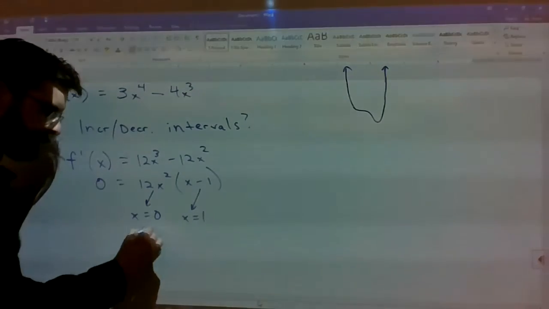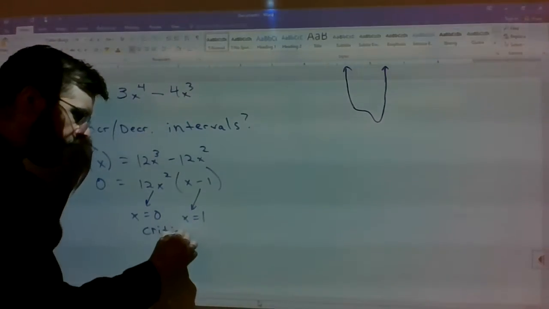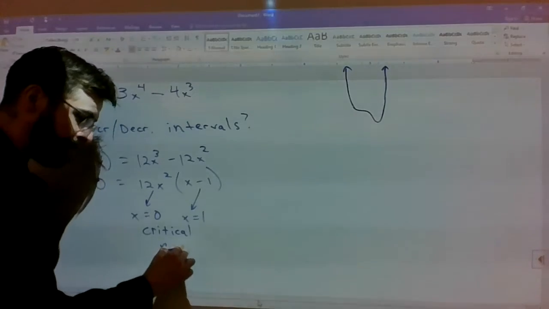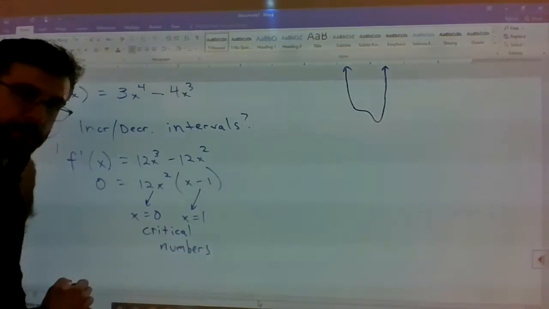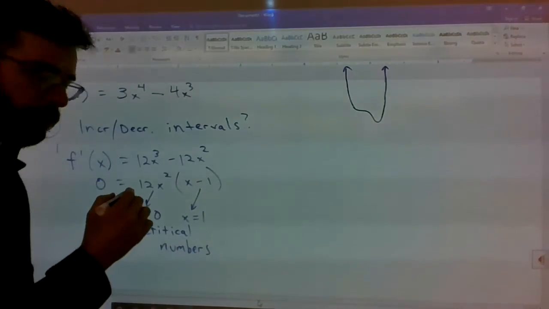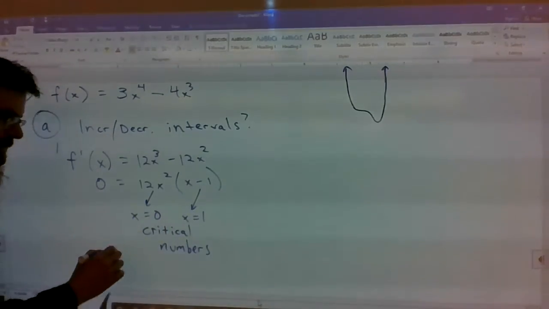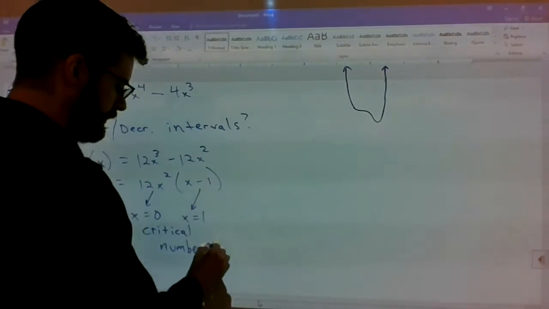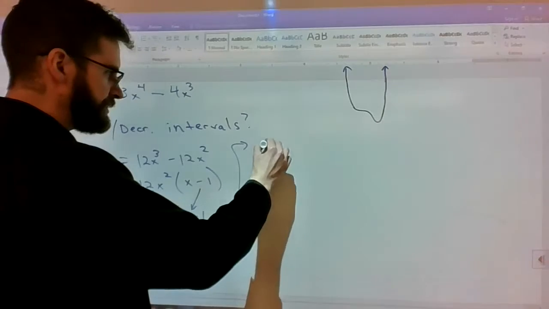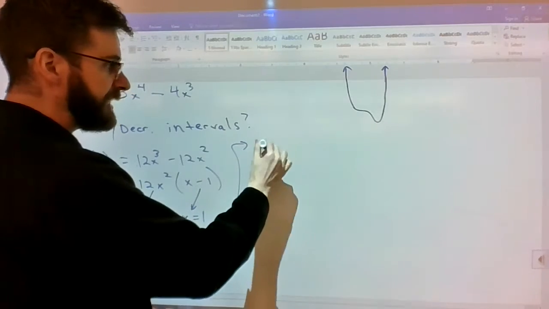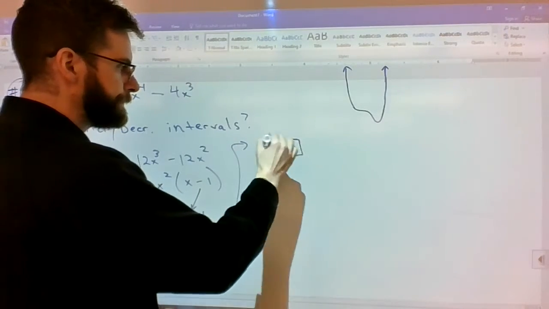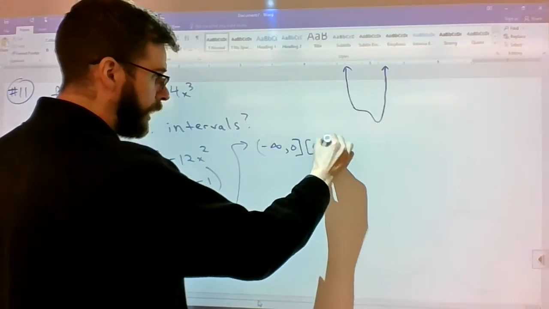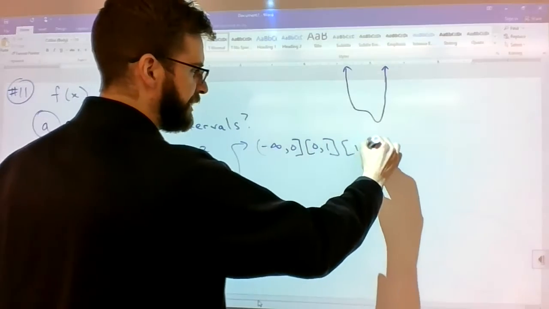So these are our two critical numbers by which we set up our intervals. All right? So we can go from negative infinity to 0, 0 to 1, and then 1 to infinity.